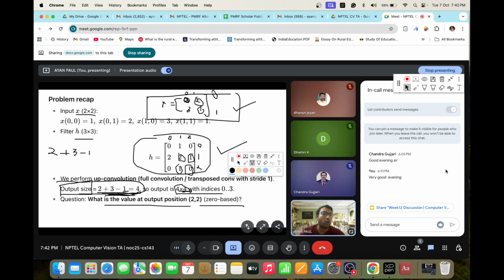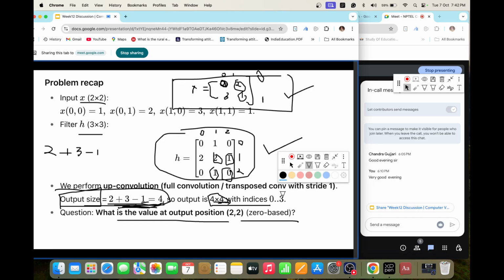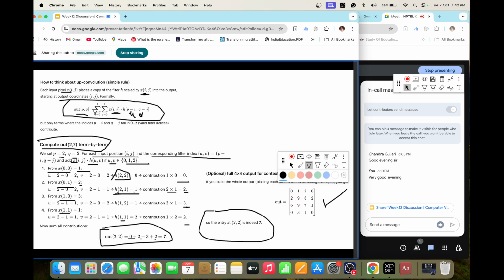How will we calculate it? Very simply, by this formula. This is the total formula, but I don't want to confuse you with it, so just understand this: your input convolved with your filter will give you the output. The output you have to calculate at position 2, 2.